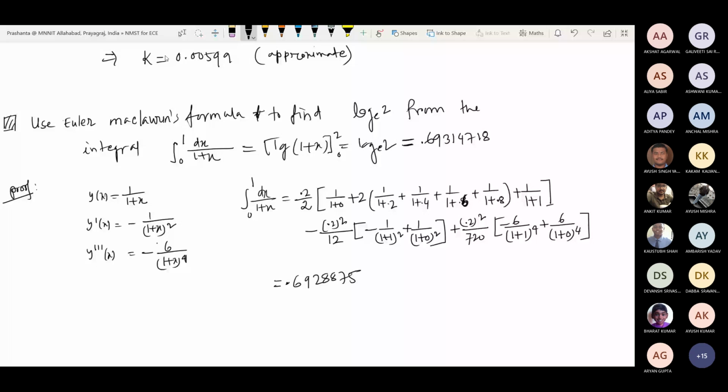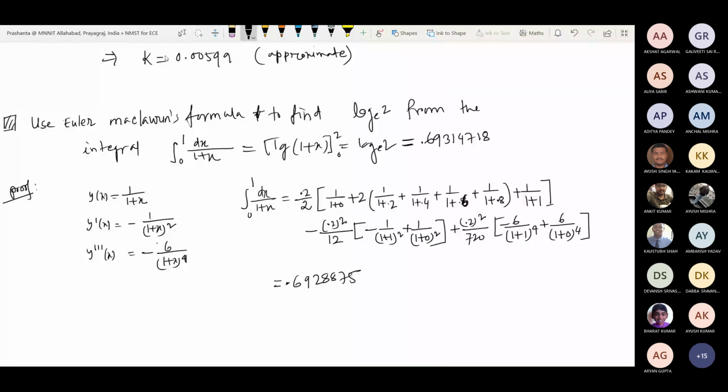But if you consider 10 data points instead of considering 6, then according to the book, I can see the calculation will be correct up to 5 decimal places.